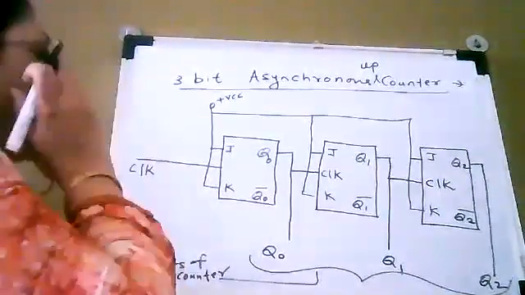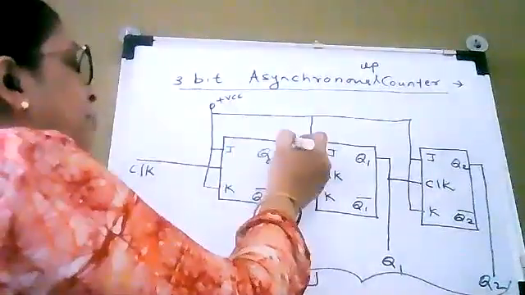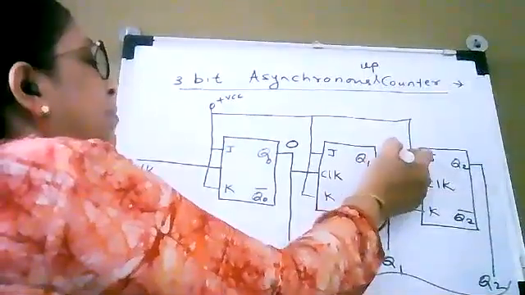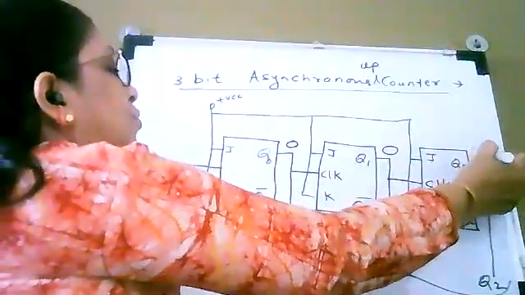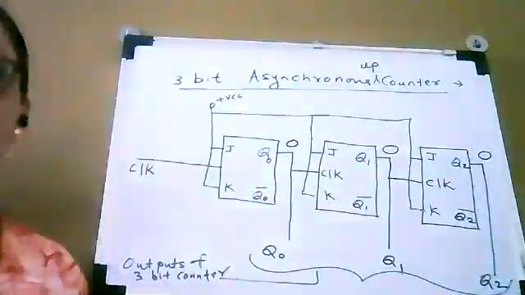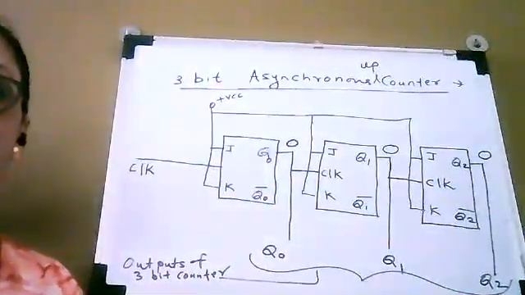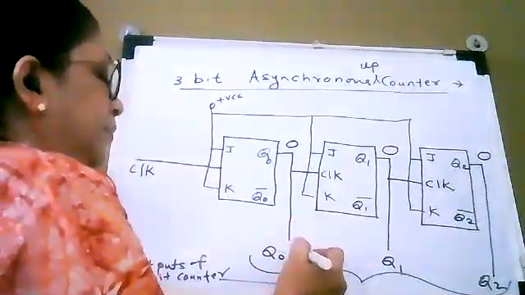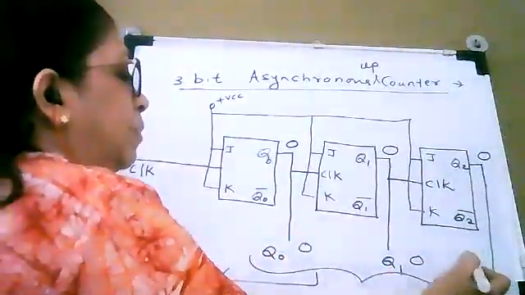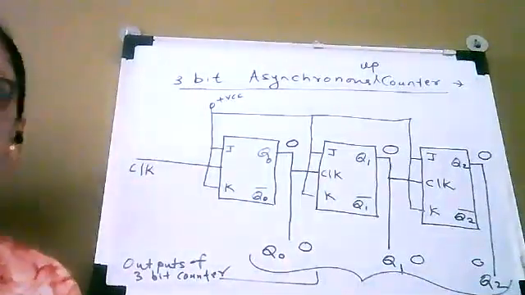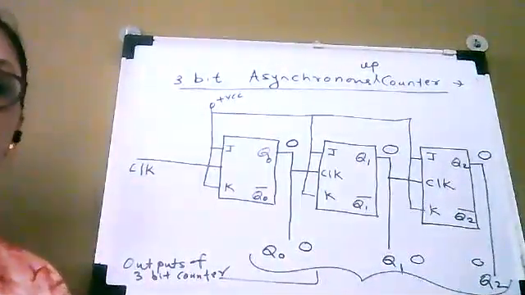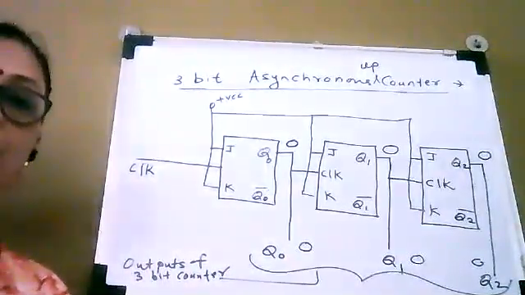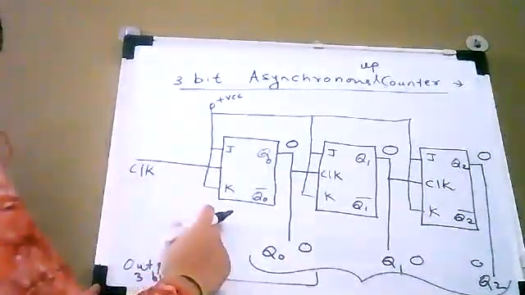Then Q0 will be equal to 0, Q1 will be equal to 0, and Q2 will also be equal to 0. So 0, 0, 0 will be outputted, as you can observe in this diagram.